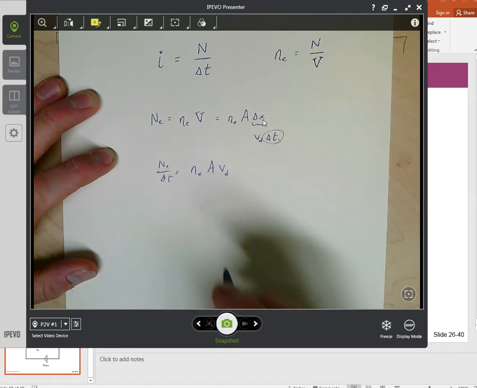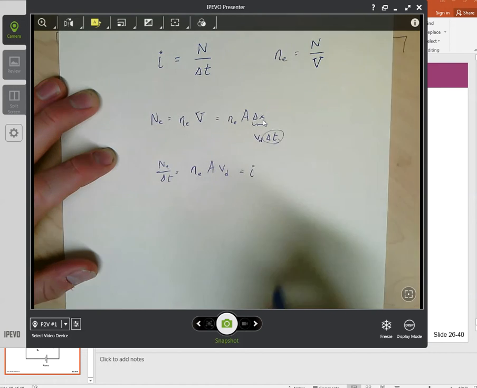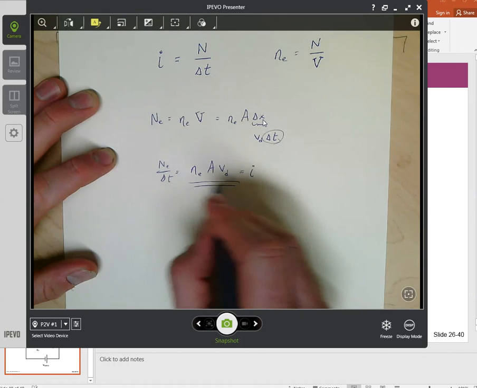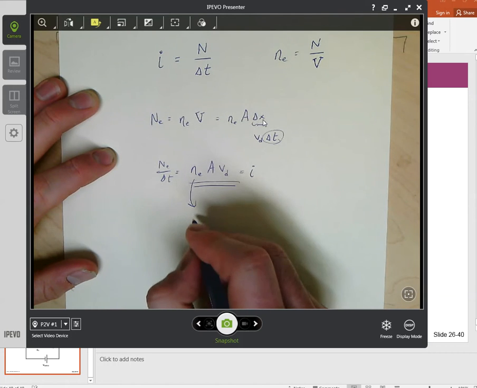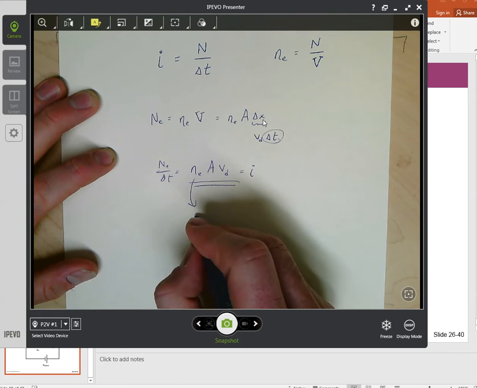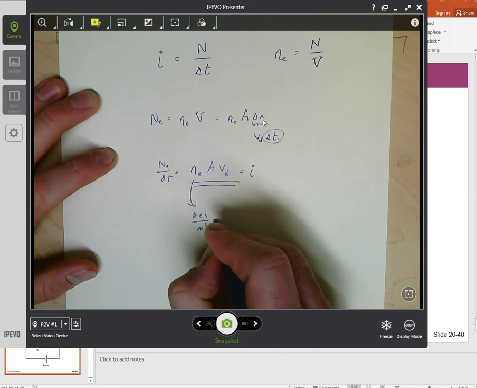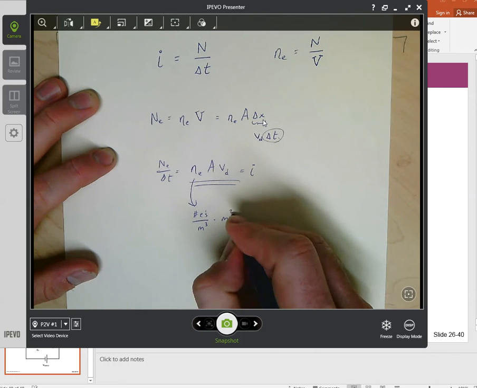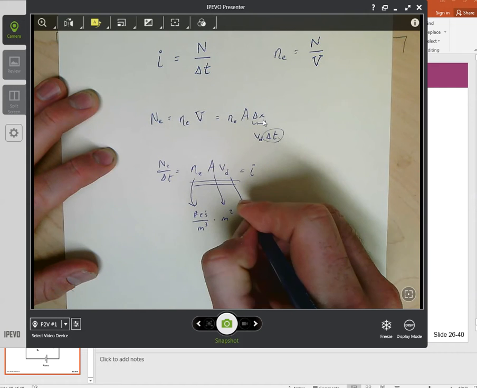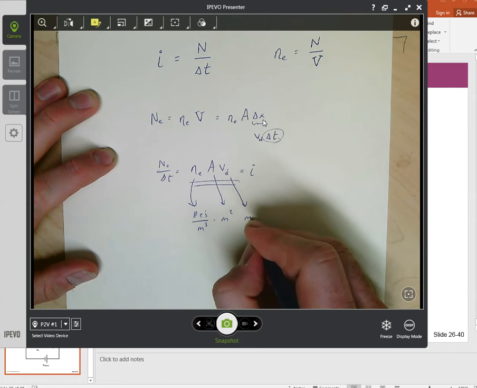So in other words, this is the electron current, with the electron density having units of number of electrons per cubic meter. The area has units of meters squared, and the velocity has units of meters per second.